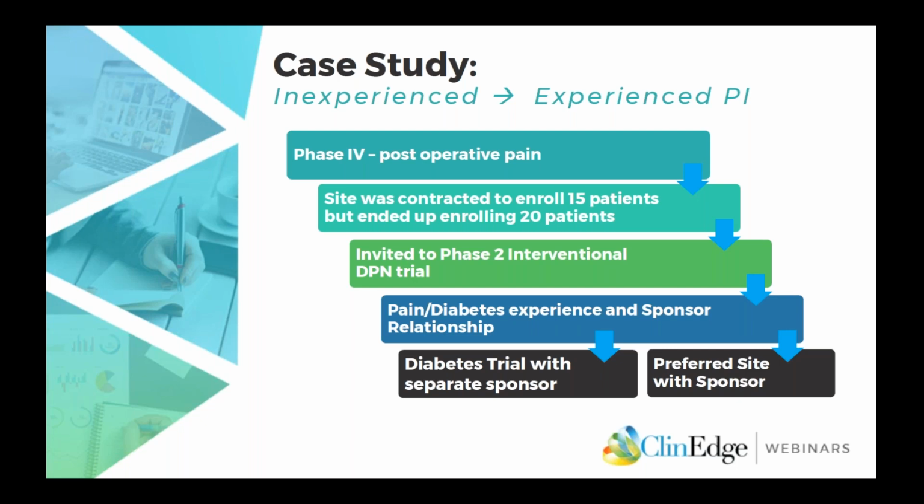In that transition to PI, you want to utilize your site experience, and that comes into play on feasibility questionnaires. Make sure to stress your database. If you have a strong referral source, make sure to give explicit details of that.